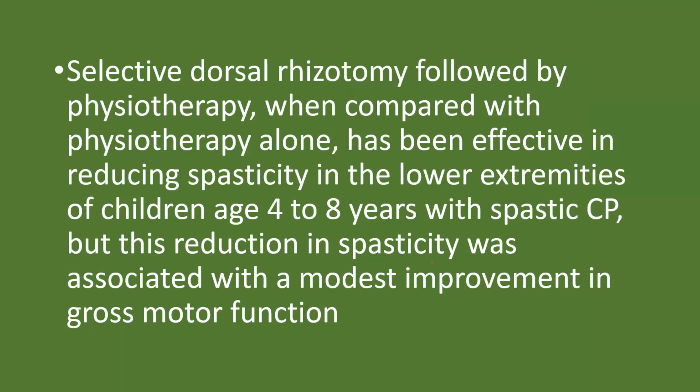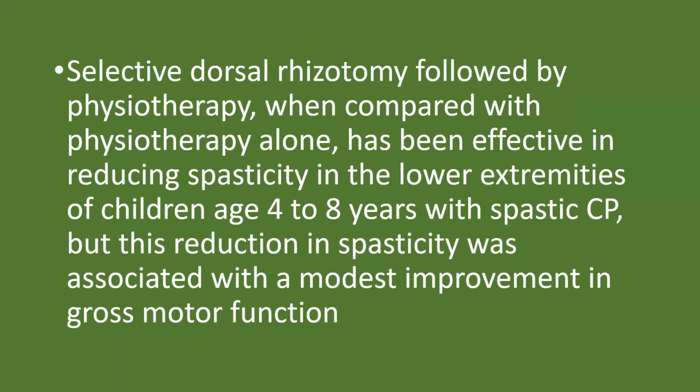Selective dorsal rhizotomy, followed by physiotherapy, when compared with physiotherapy alone, has been effective in reducing spasticity in the lower extremities of children aged 4 to 8 years with spastic cerebral palsy.